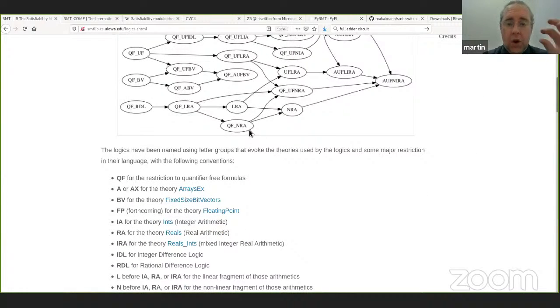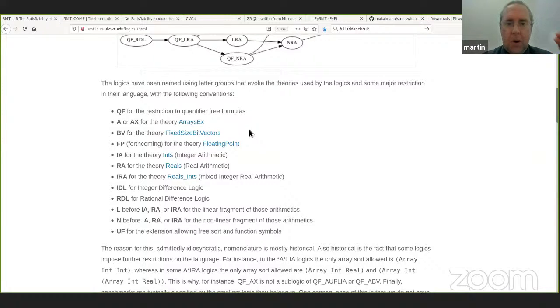What a logic is, is it combines one or more theories and some extra restrictions. So anything that says QF means that you don't have any universal quantifiers. You can't say this is true for every integer. A's and AX are for arrays, BV for bit vector, FP, we should remove the forthcoming because it's been standardized for years now.